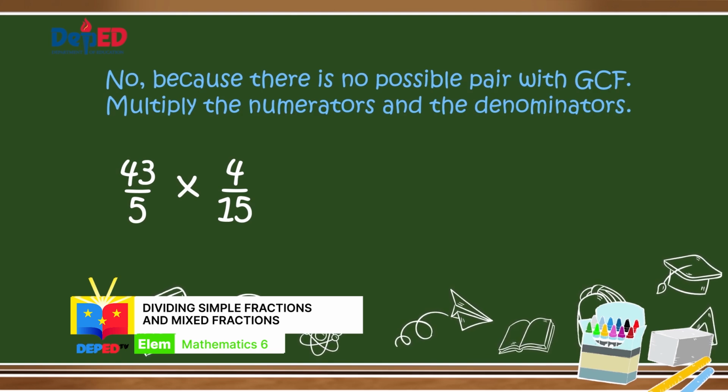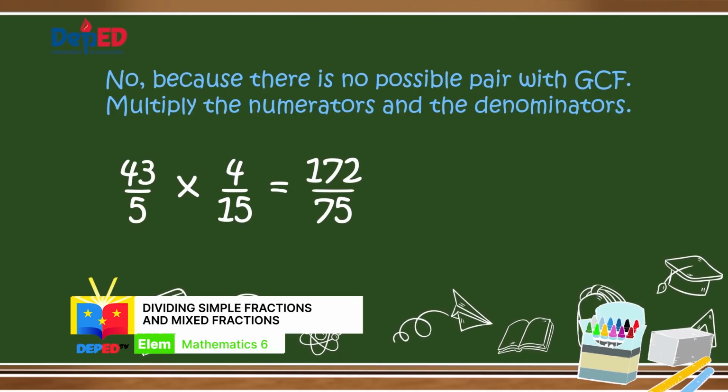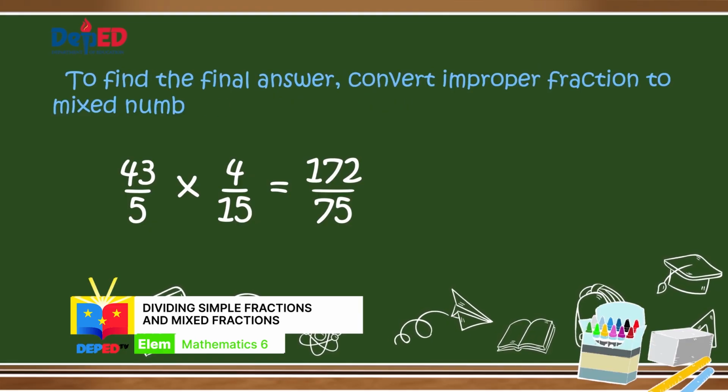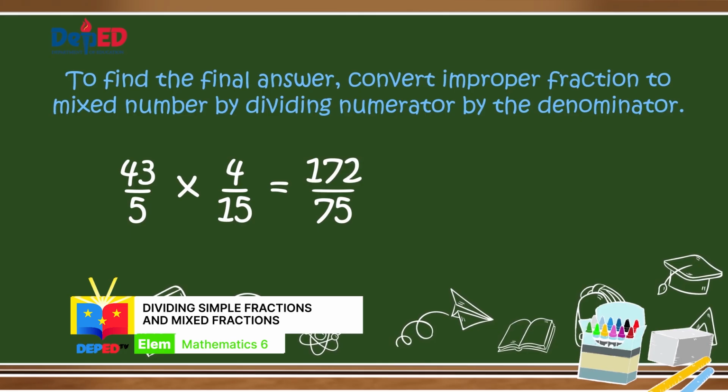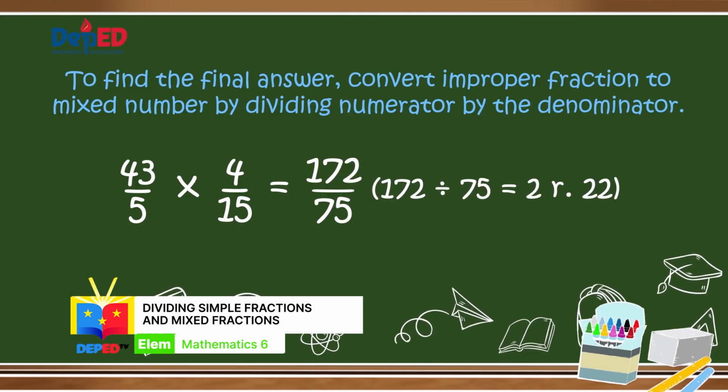43 multiplied by 4 equals 172. 5 multiplied by 15 equals 75. We have 172 over 75. To find the final answer, convert the improper fraction to a mixed number by dividing the numerator by the denominator.